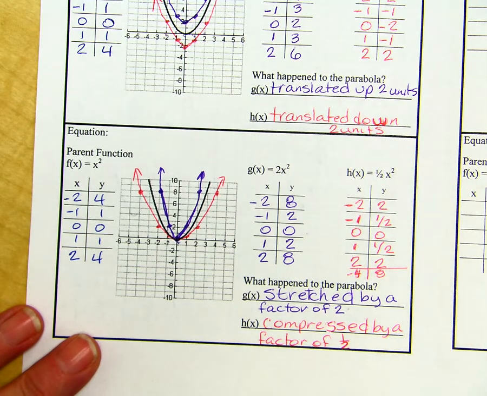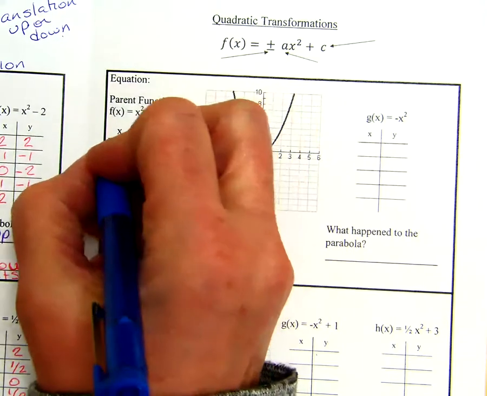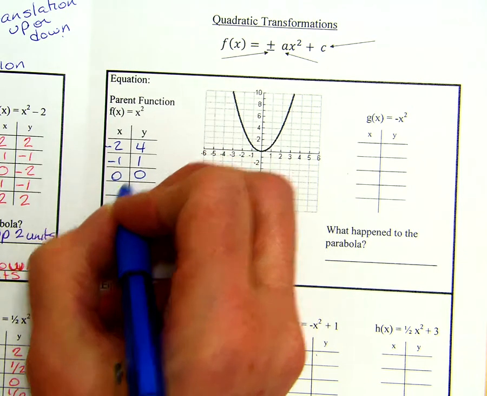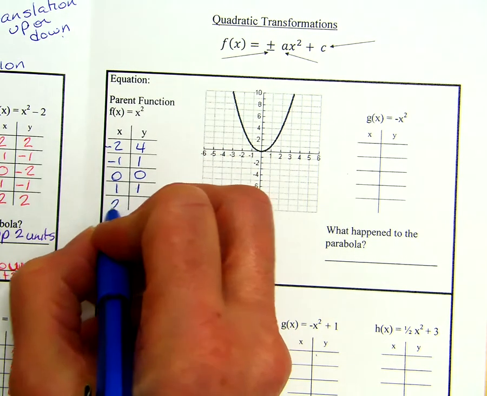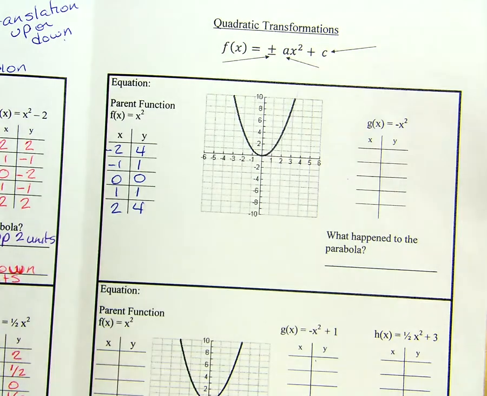So now let's look at a change to the sign. So we'll go over here, and our parent function, again, we will use negative 2, negative 1, 0, 1, and positive 2. That is how we got these values here.